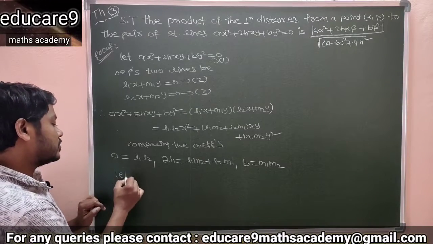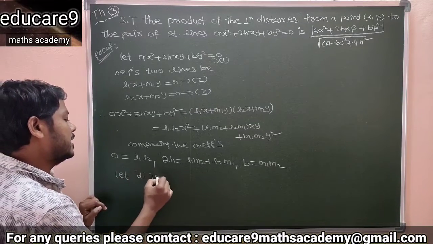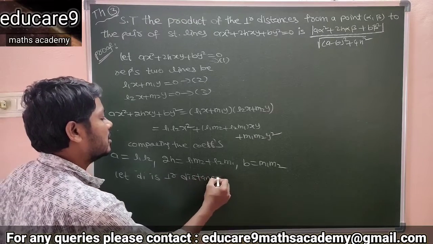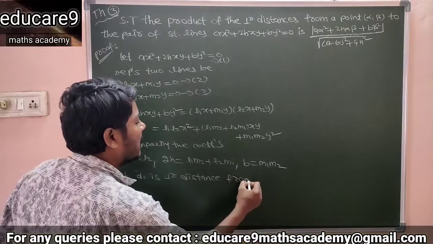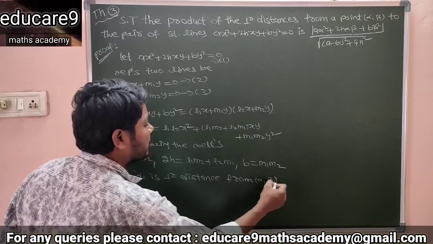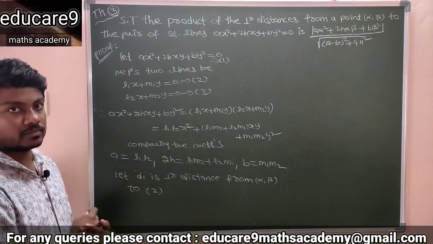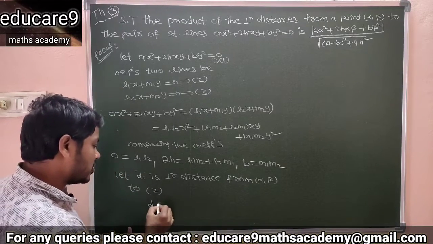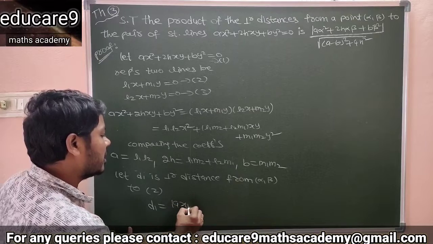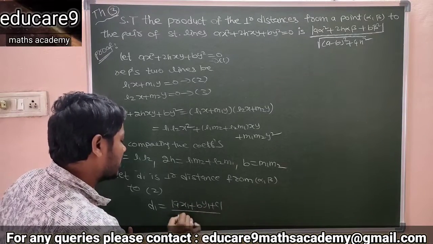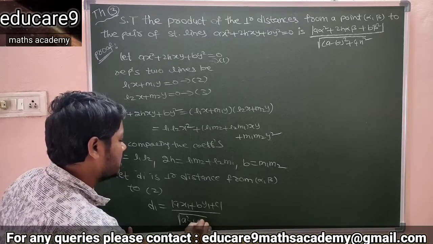Now let D1 be the perpendicular distance from (alpha, beta) to which equation? Equation 2. Now D1 is equal to what formula? Modulus of ax1 plus by1 plus c by square root of a square plus b square.